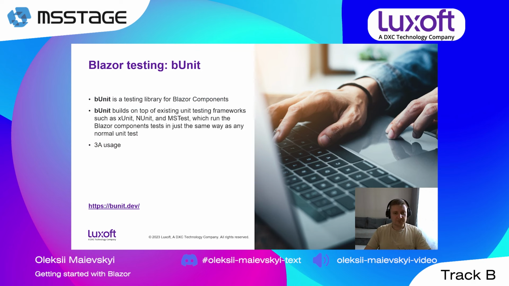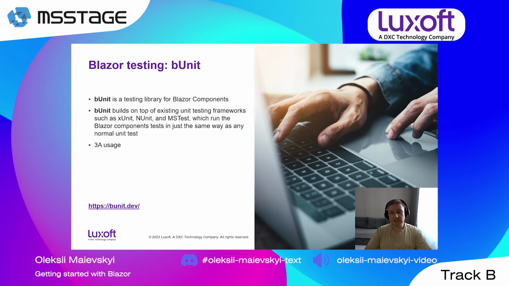And also in this demo, I will show you a really simple example of Blazor unit testing. It's called bUnit. That's a testing library specific to Blazor components. It builds on top of the most common testing frameworks, which are known as xUnit, NUnit, and MSTest. It runs only for Blazor components.